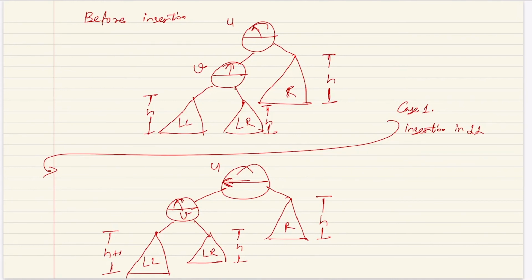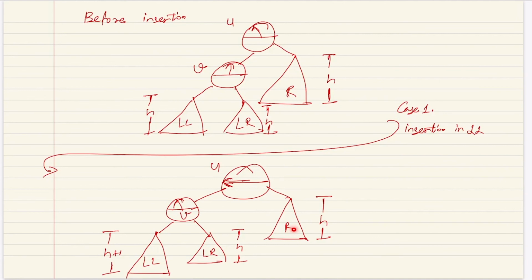Now what should we do in that case? Here we can do something interesting. We can do something called rotations. We can rotate this structure such that V comes up to the position of U, and U becomes the right child of V, and these subtrees LL, LR and R are accordingly placed.